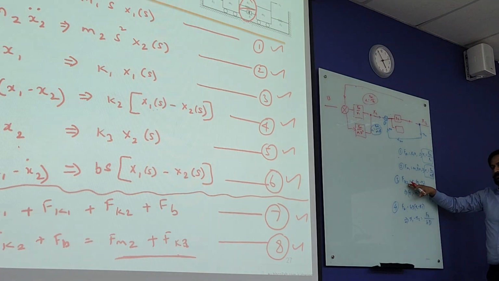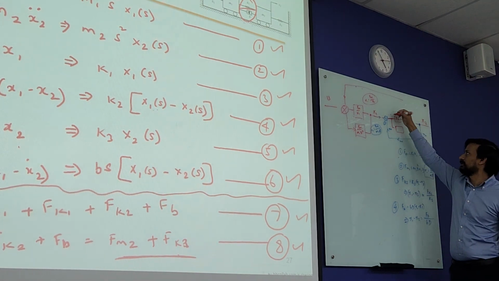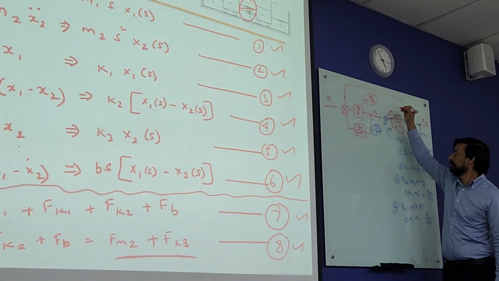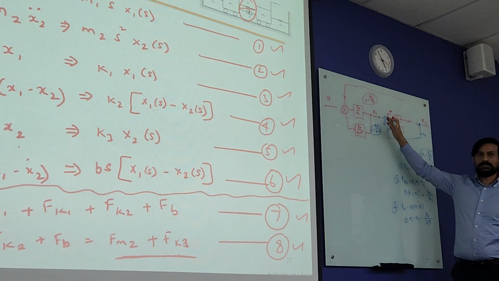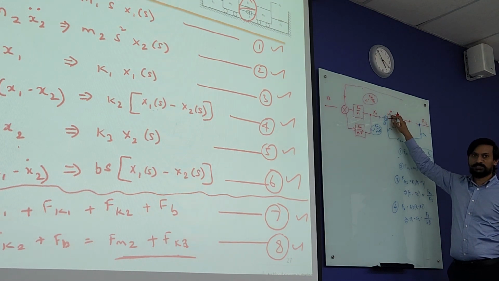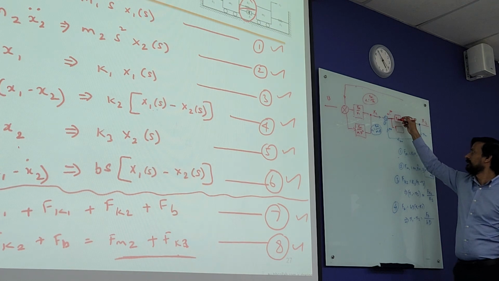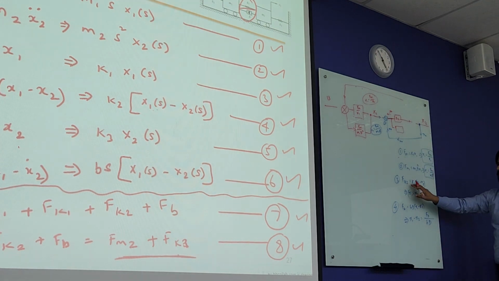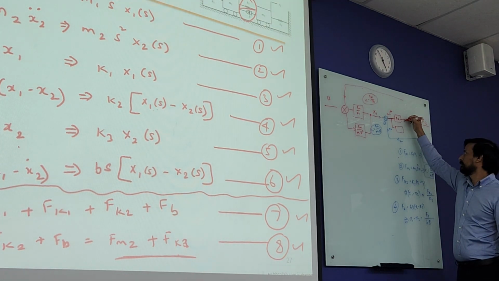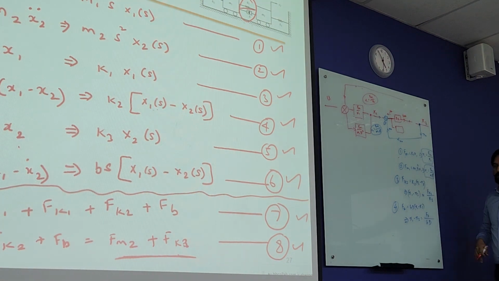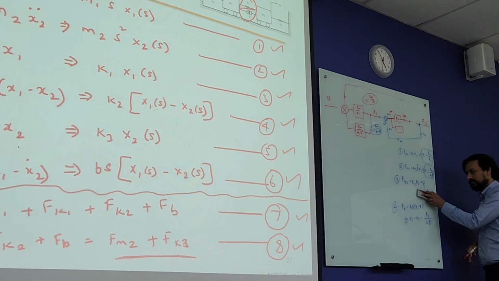If I say k2, then x1 minus x2 at this point, multiplied with k2, gives us fk2. So in that sense, you don't need to rearrange this. We can follow the same pattern on the other side.